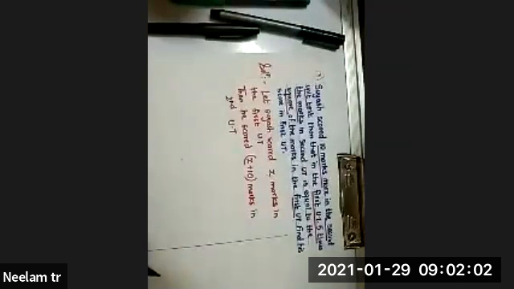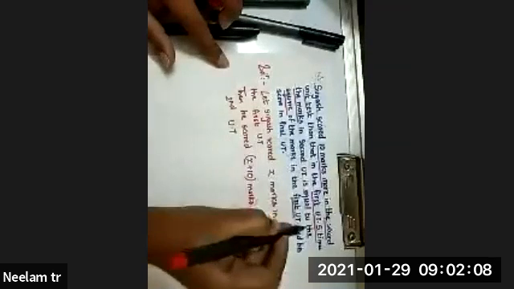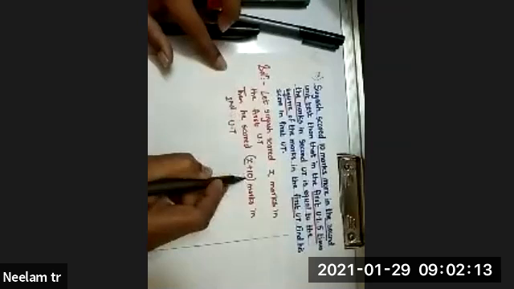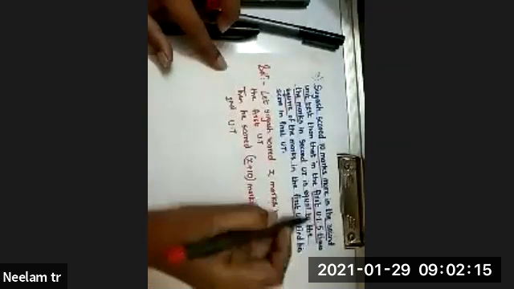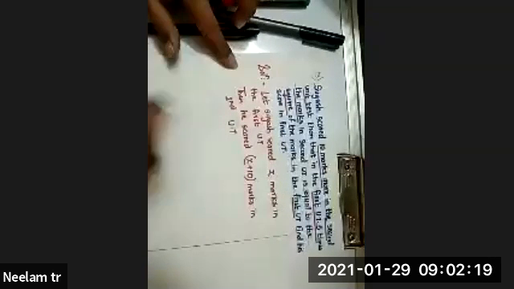One more keyword is there: 5 times the marks in the second unit test. You have written that he scored 10 more, but 5 times the second unit test is one more condition given to you. So how will you write that? 5 times the marks in the second unit test.